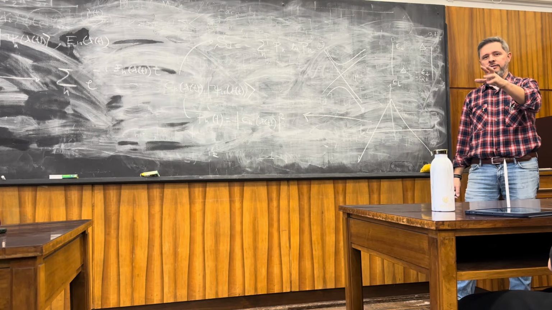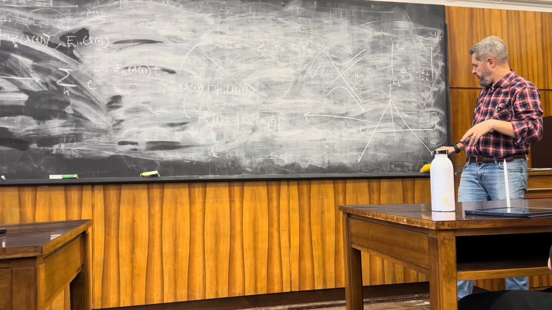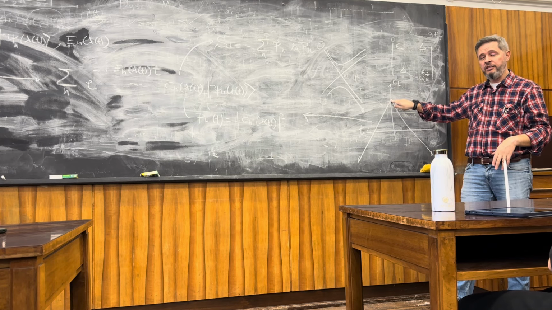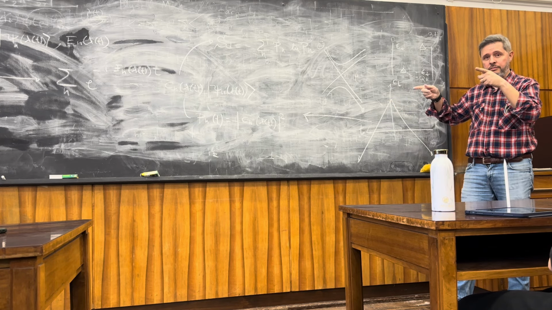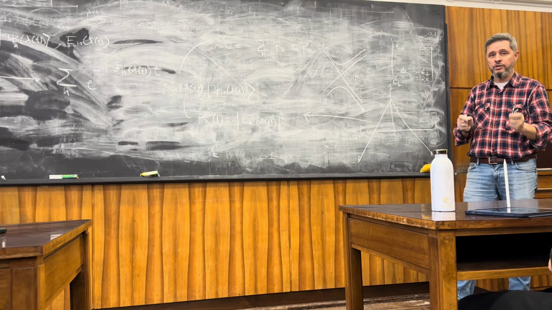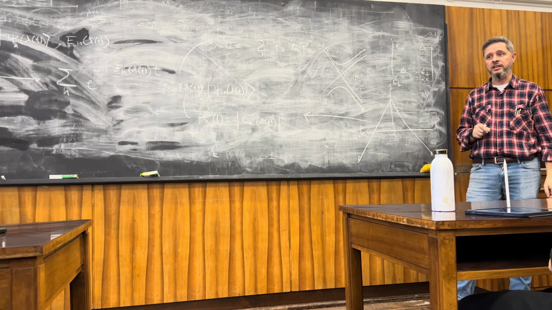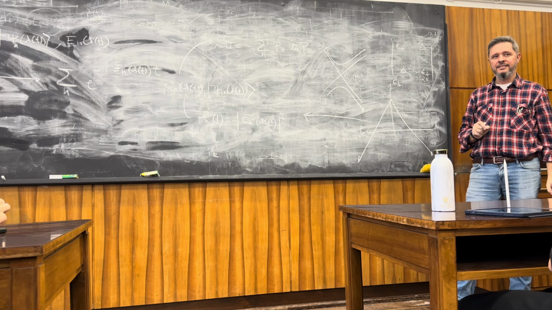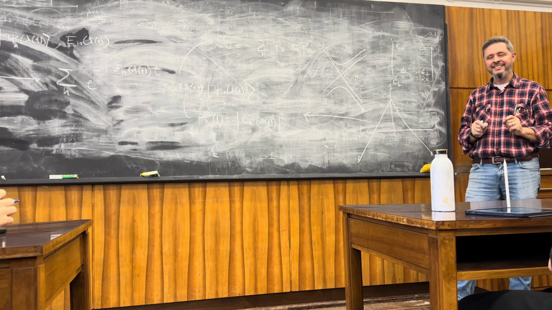So let me tell you, if you go from here to here and you stay here for some well-chosen time, and then you revert your evolution, you will come back to the same initial state. You just have to wait. Why?